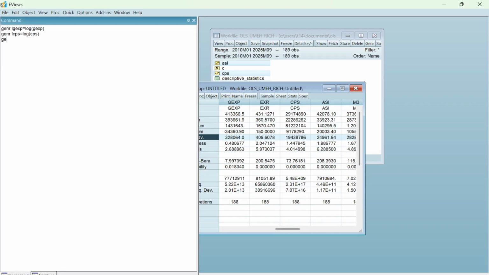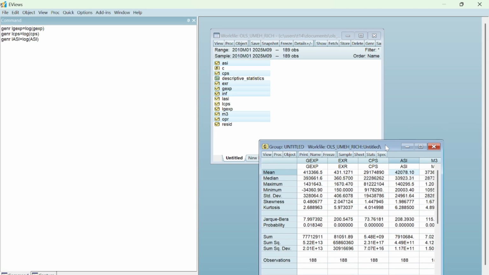So you do genr LASI equals log, open brackets, ASI, and click OK. Let's verify: LASI, it's here already.